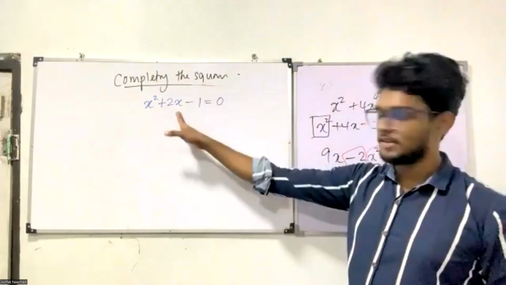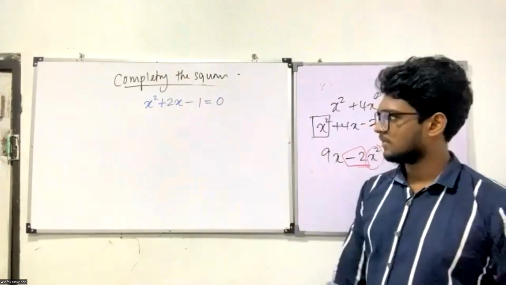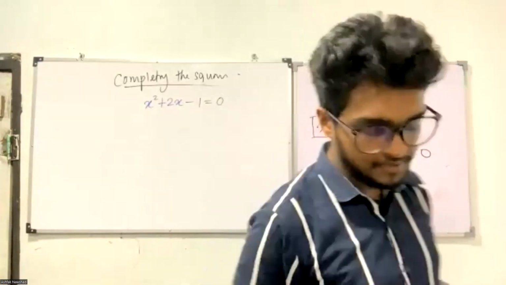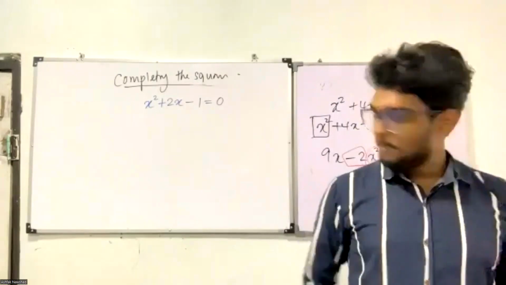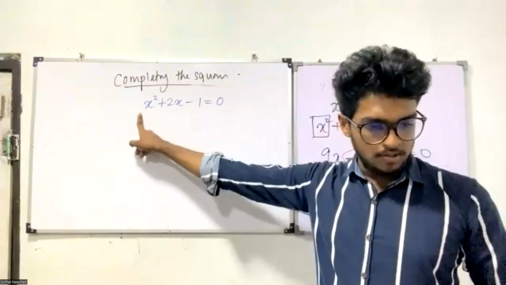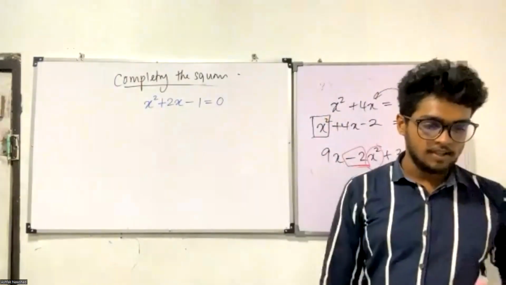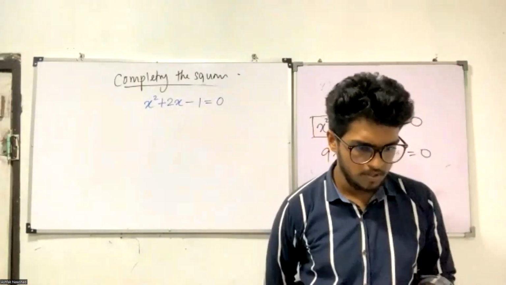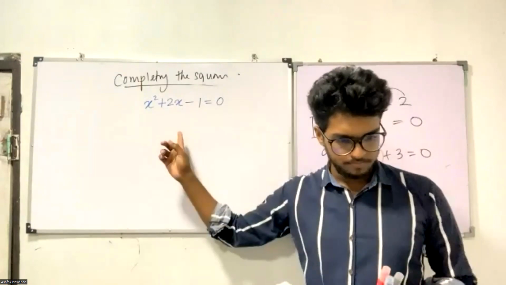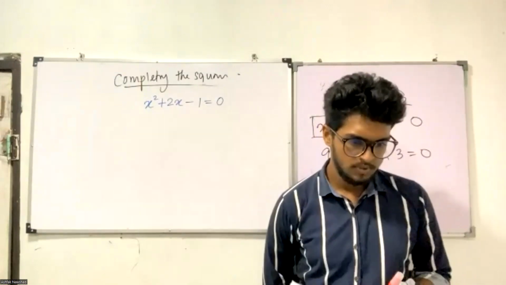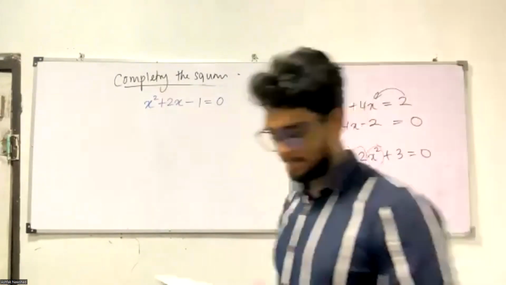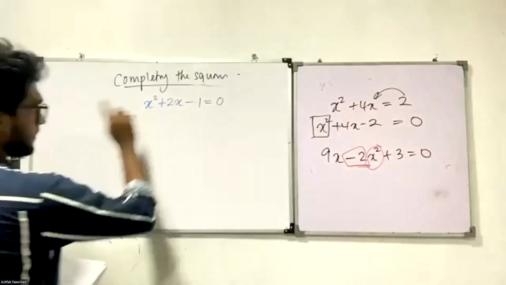Don't try factorizing this, you won't get answers. Let's see how to complete the square. The first step is to make the leading coefficient 1. Is the leading coefficient 1 in this equation? Yes, it is 1, so our first step is okay.